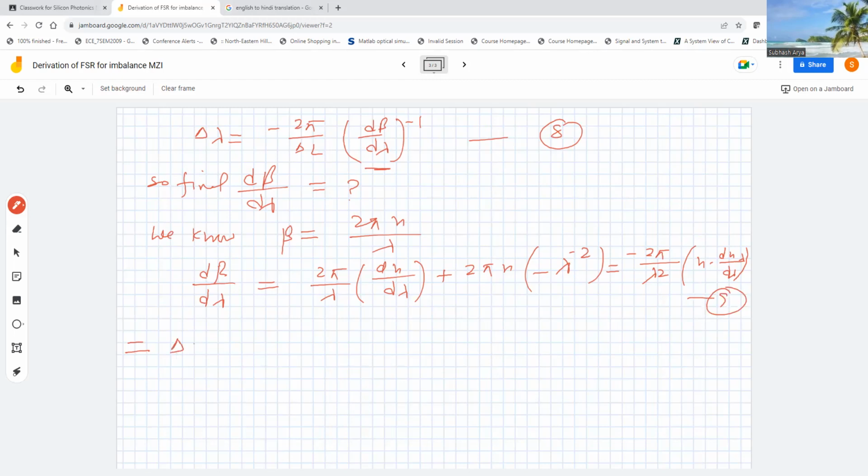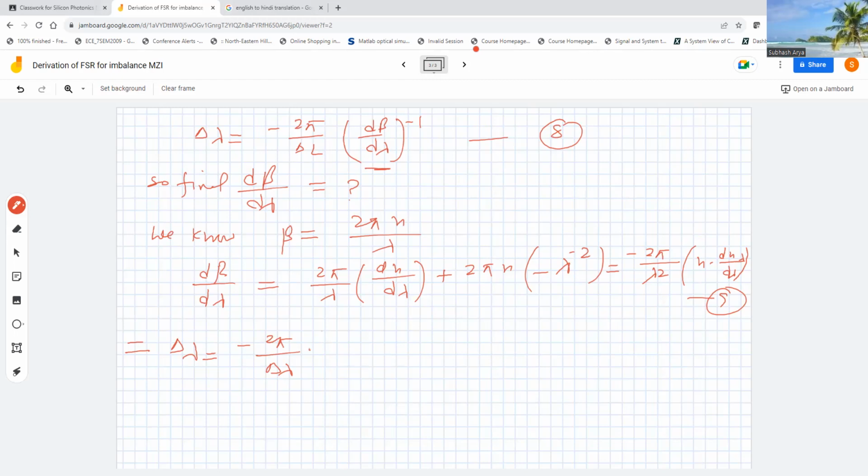So delta lambda is equal to minus 2 pi by delta L. Now we write this equation. We see this is the inverse of d beta by d lambda, so we have to make it reverse.